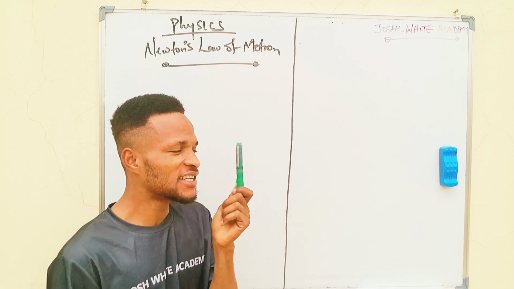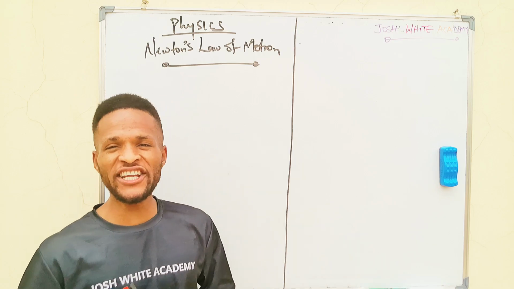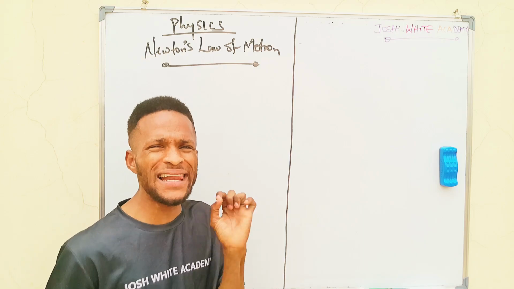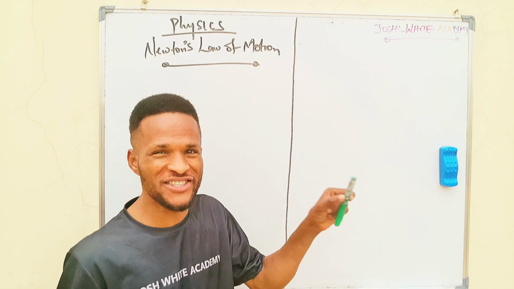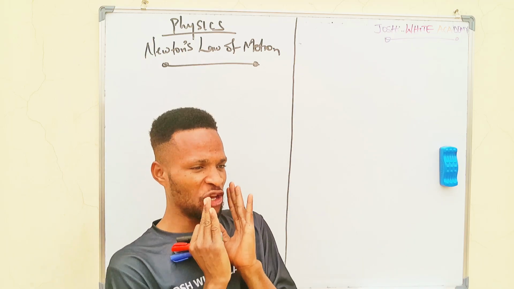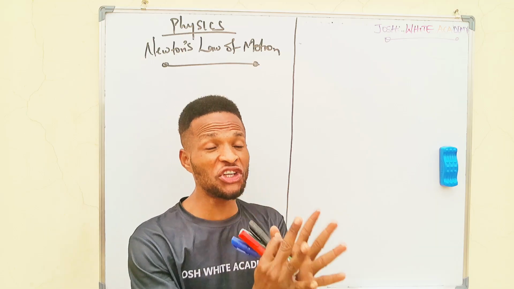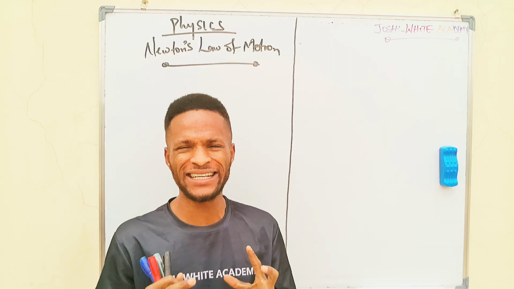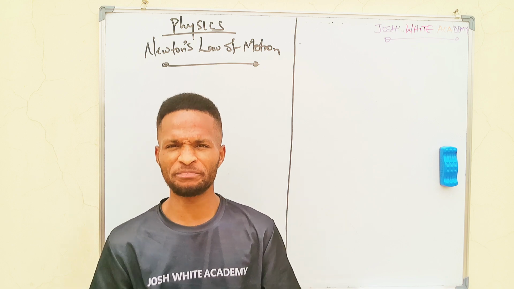For instance, this marker in my hand will remain in this position forever unless there is an external force that will cause it to change position. Or if a body is in uniform motion, that body is meant to continue in that uniform motion unless there is an influence of an external force.